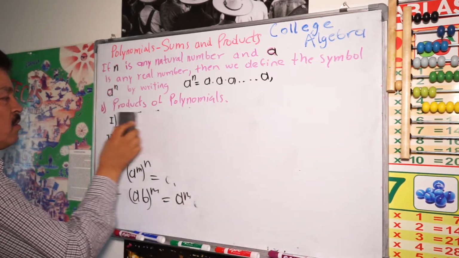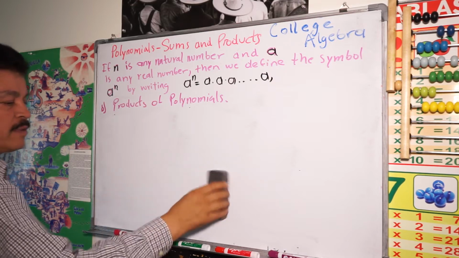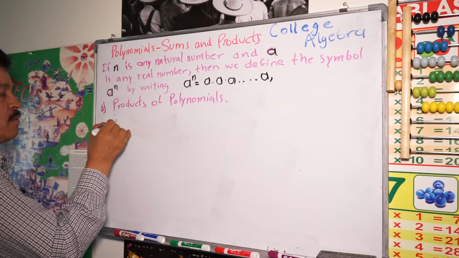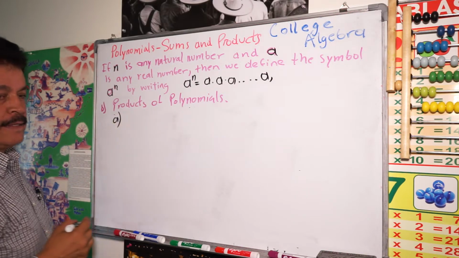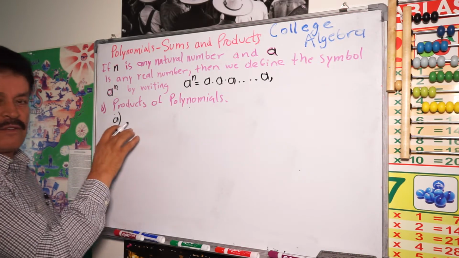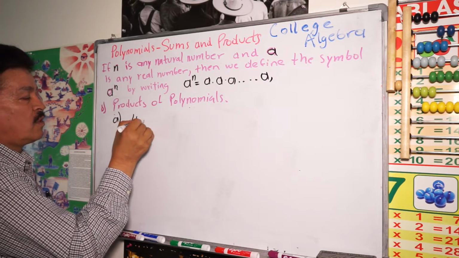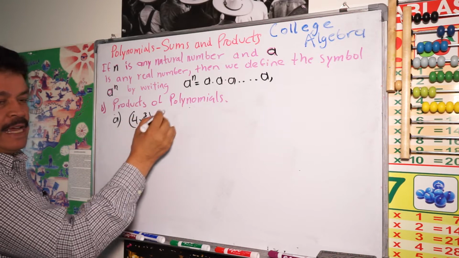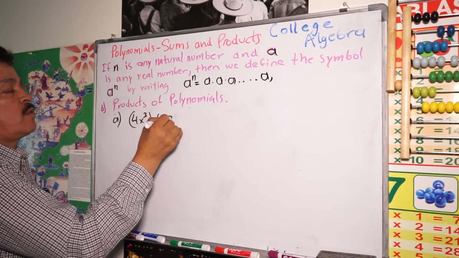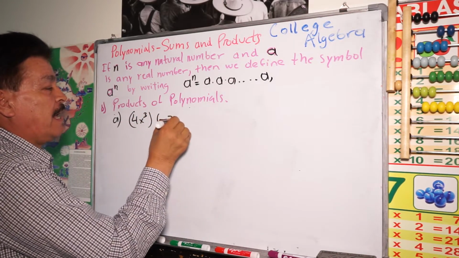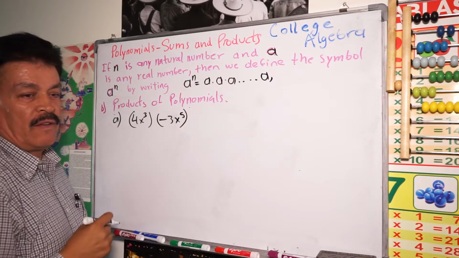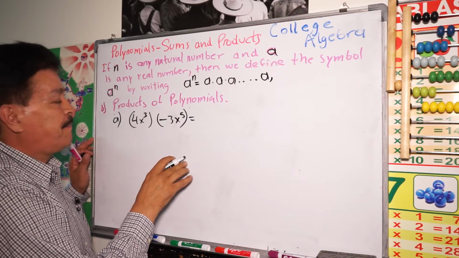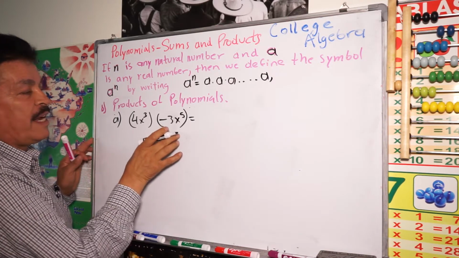Okay, now let's go and solve some problems. The first problem is we have 4 times x to the third power times negative 3 times x to the fifth power. This is a product. We have to multiply.